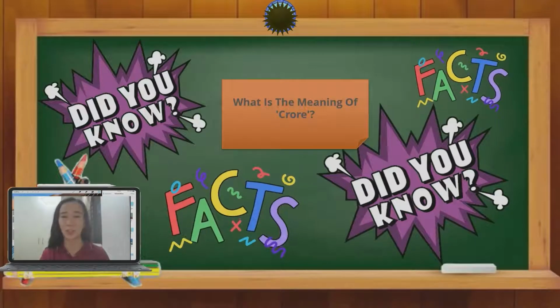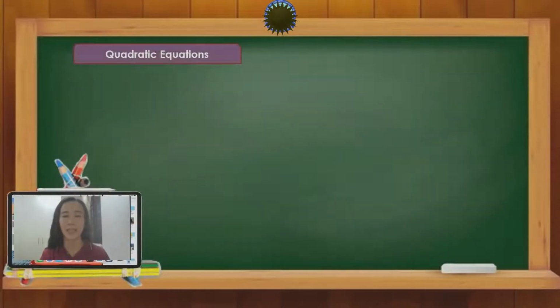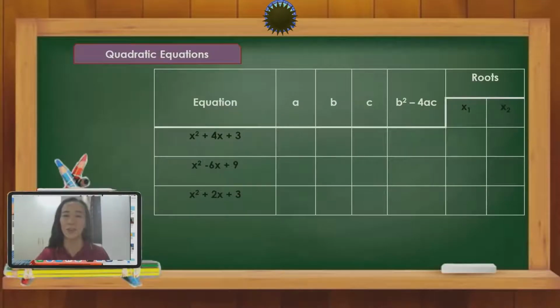Let us proceed to our topic, quadratic equations. So, I believe you are already familiar with our quadratic equations. These are examples of quadratic equations. For our first equation, x squared plus 4x plus 3, our a here is 1, our b here is 4, and our c here is 3.